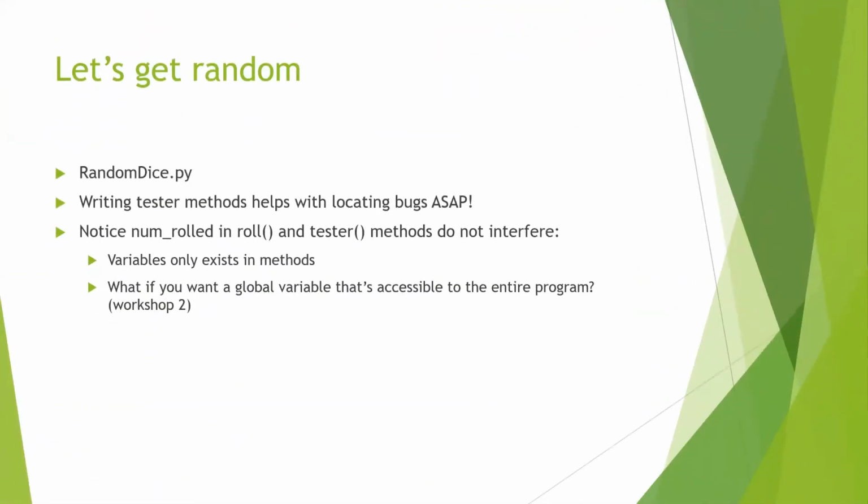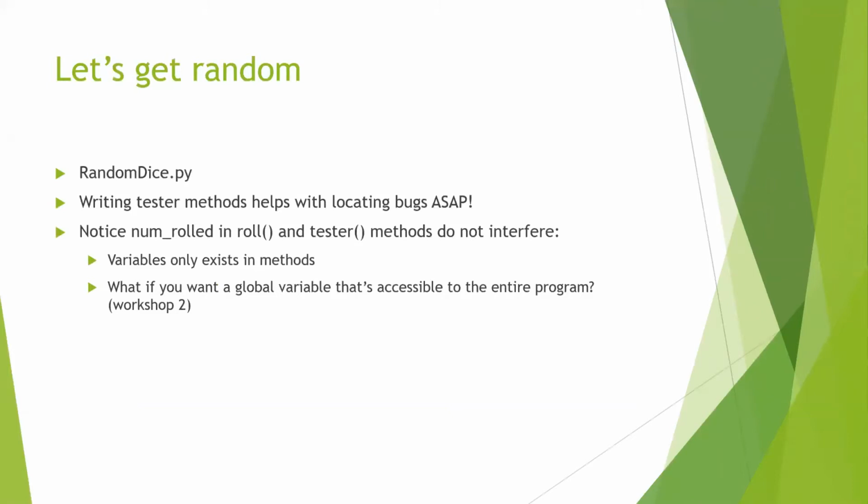So now we know how to write methods, declare the methods, declare a string, and to actually print a string to the console. Right now we want to implement the random number generating functionality.